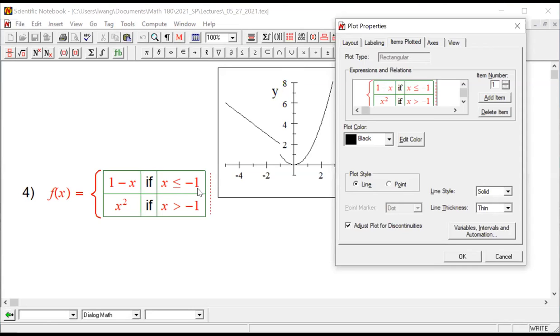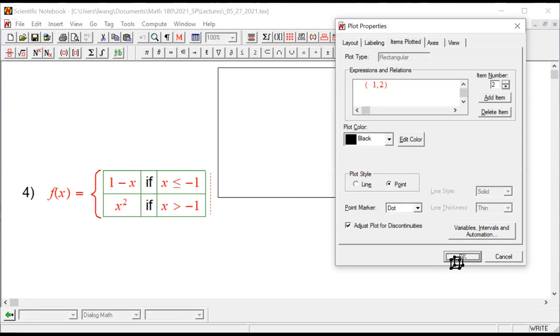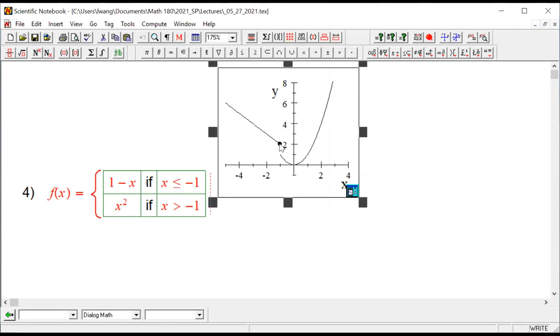At -1, what happens? When x is equal to -1, what will be the point? The dot is there, right? The dot is on the line.